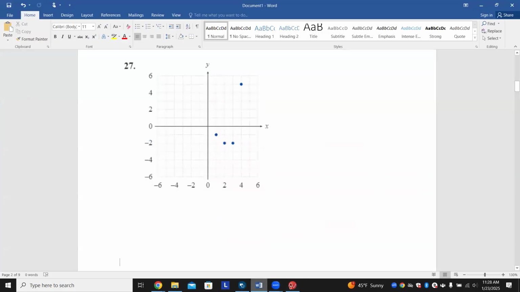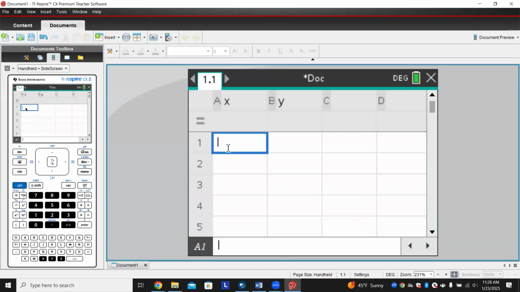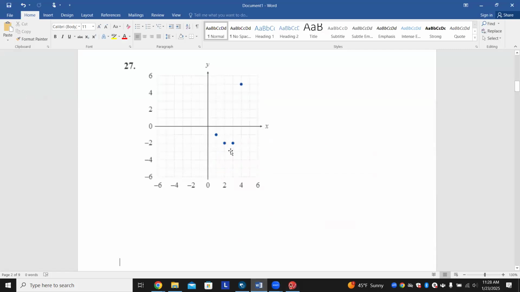So going back, looks like we had 1 comma, is it going by 1? Okay, 1 comma negative 1. So that's going to be a 1, negative 1. Next one looks to be like 2 comma negative 2.